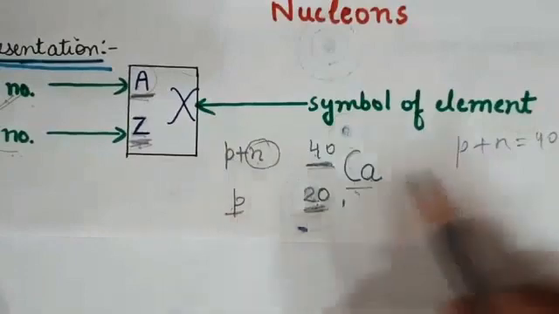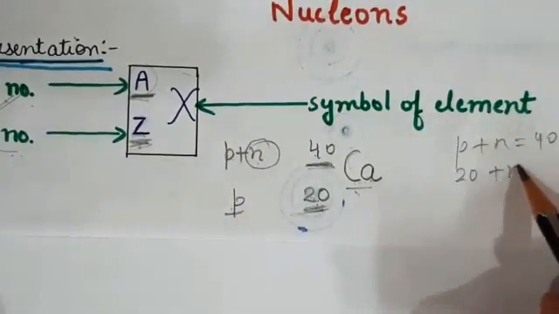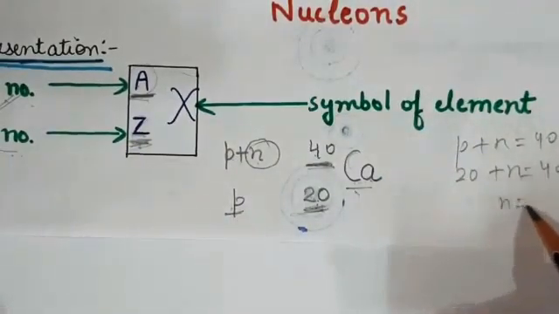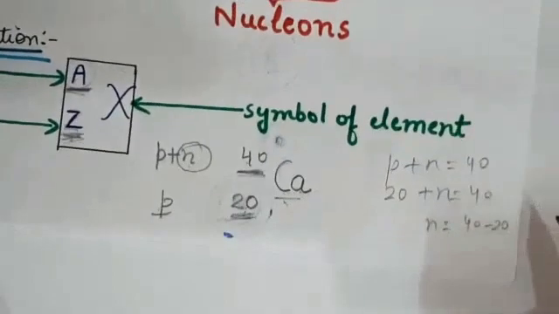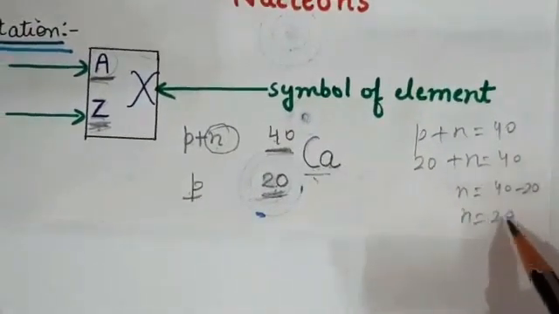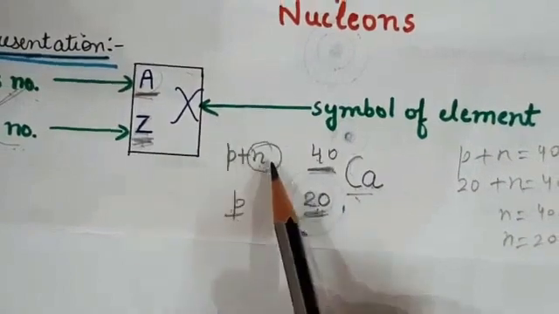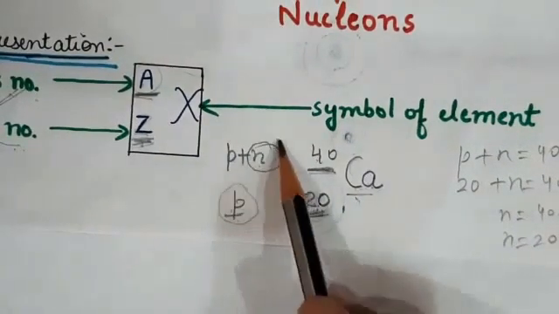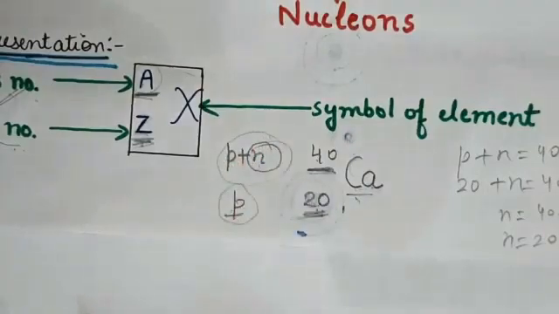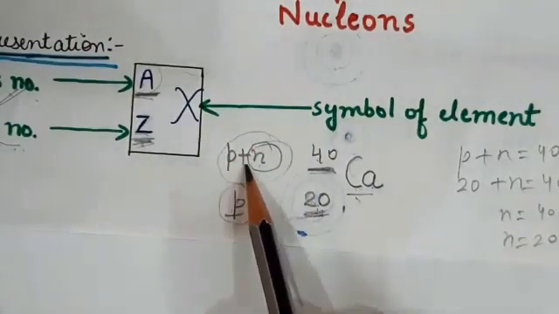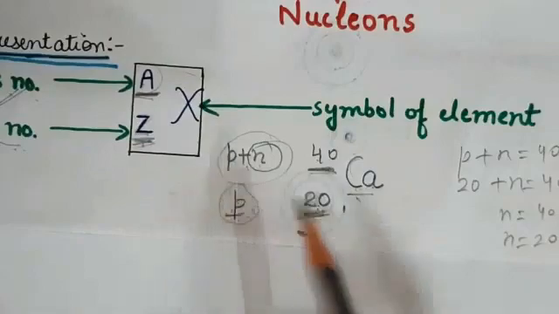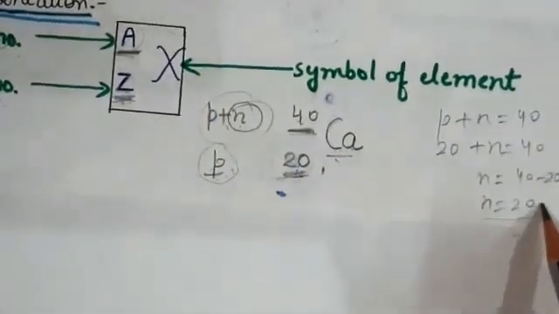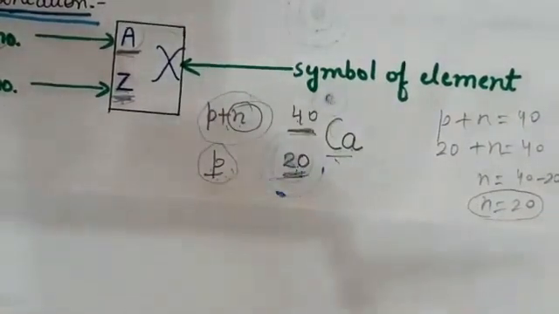You know proton, that is 20. So 20 plus neutron is 40. So neutron will be 40 minus 20. That will be 20. So number of neutrons you have got by subtracting atomic number from mass number. Mass number minus atomic number, you will get number of neutrons.